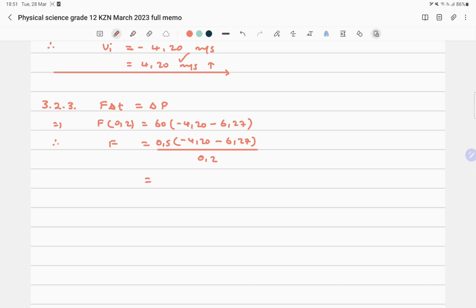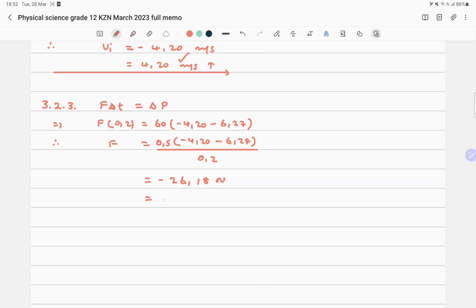This is 0.5. Remember the mass of this object is 0.5 kg. So 0.5 into minus 4.20 minus 6.27 divided by 0.2. Now what do we get? We're getting minus 26.18 newtons.